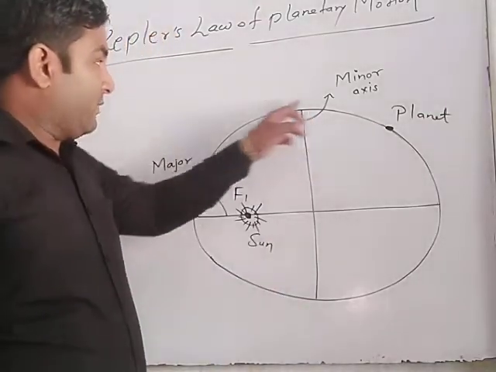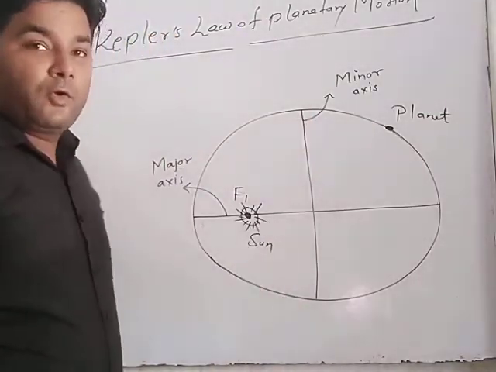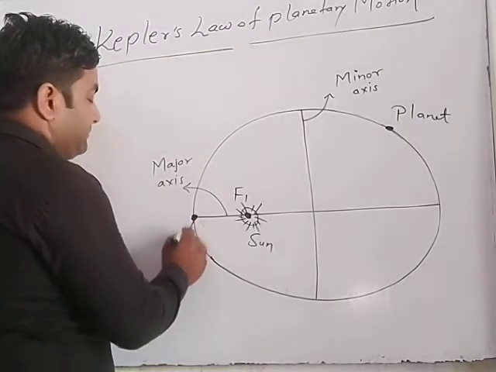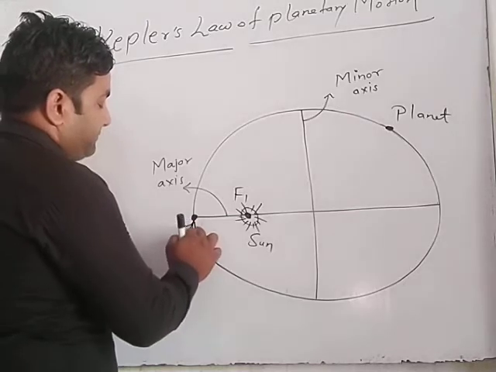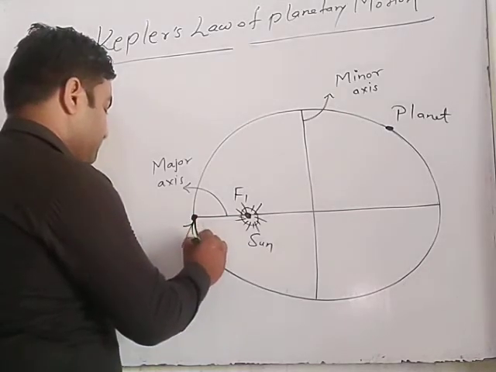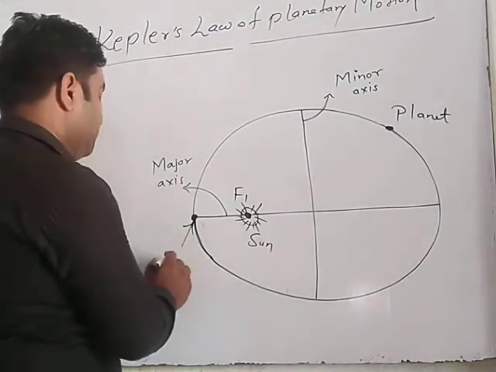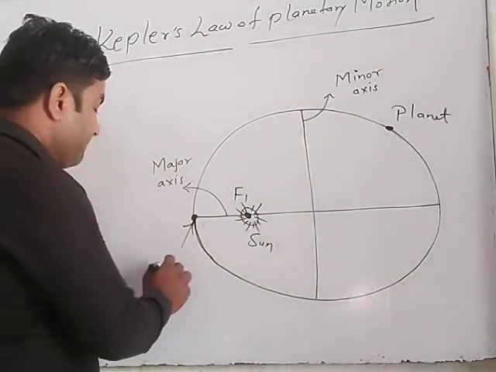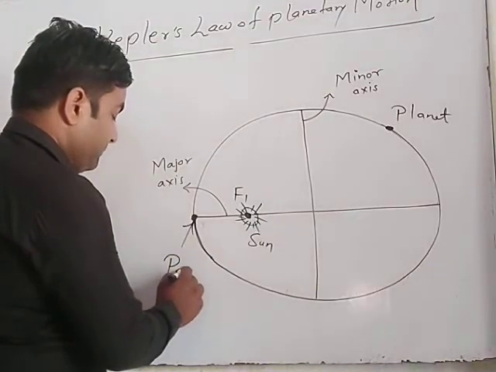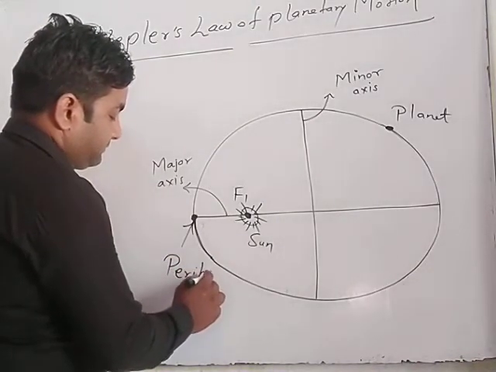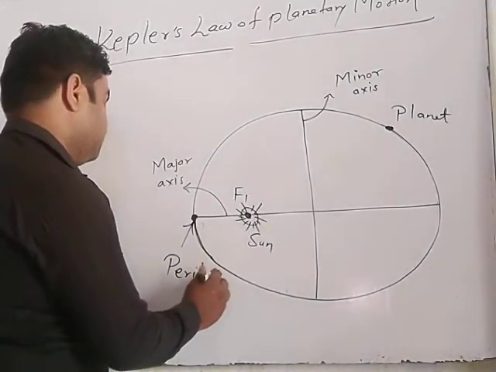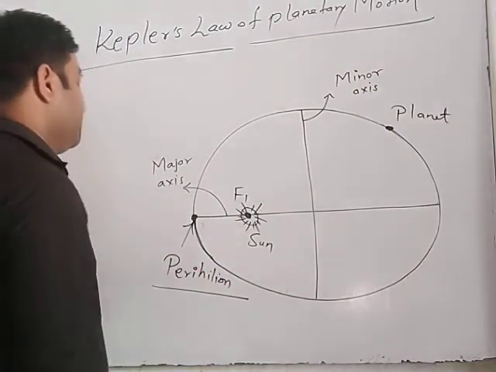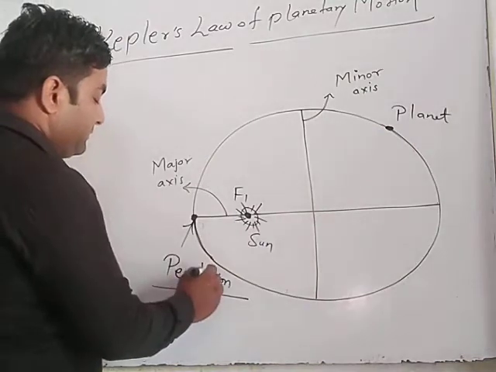Whenever the planet is closer to the sun, it means when the planet is at this position, it has a special name, that is perihelion.